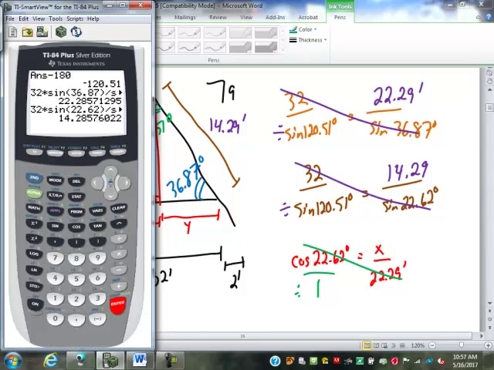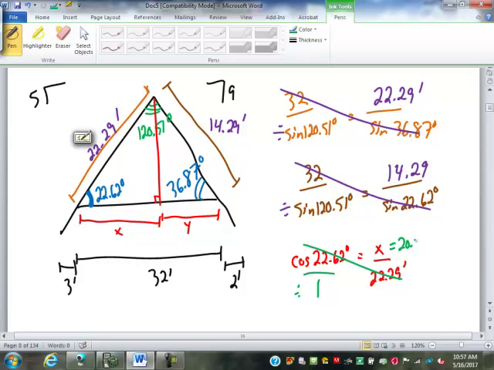So cosine 22.62 times 22.29 feet gives us 20.58. So this here is 20.58 feet, which makes y 11.42 feet. Questions there?